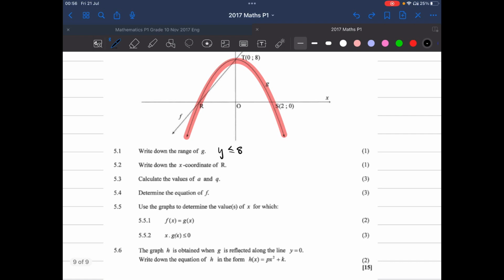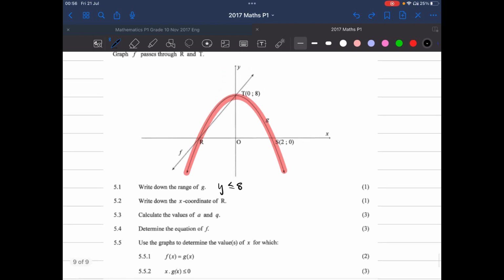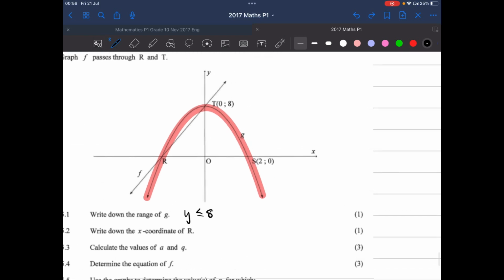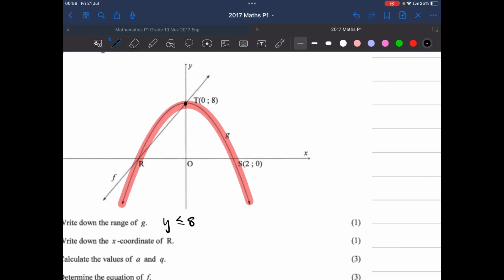Write down the x coordinate of R. Something to keep in mind with parabolas is that the x value of the turning point will be the exact midpoint of the x values between the two x-intercepts.